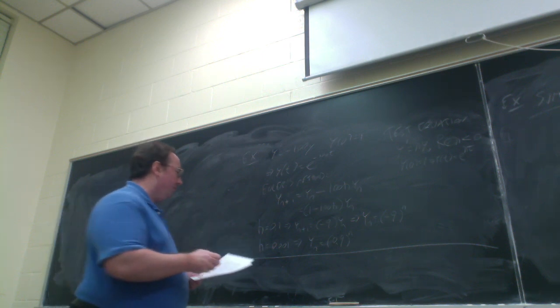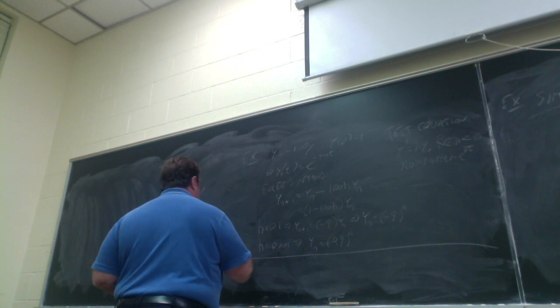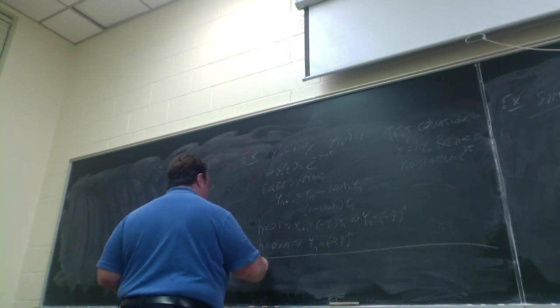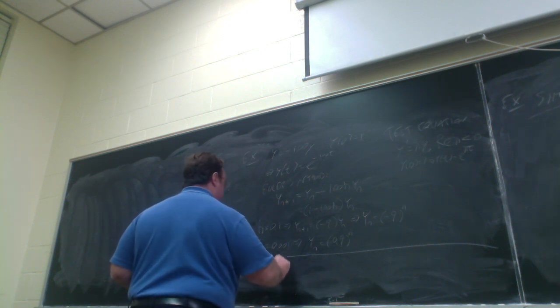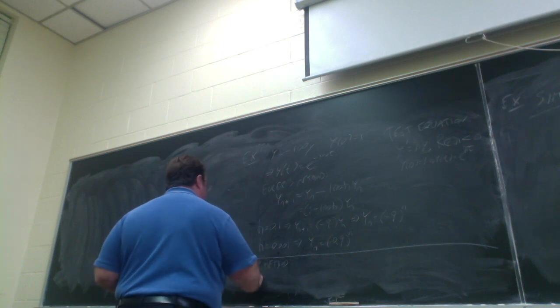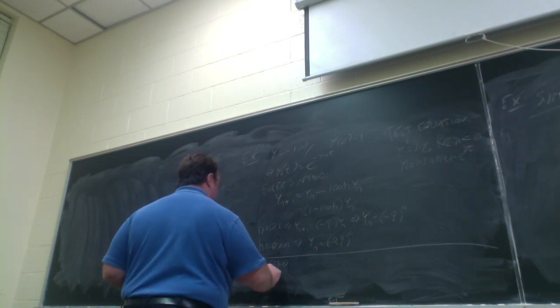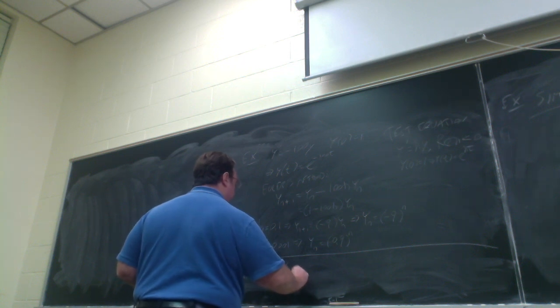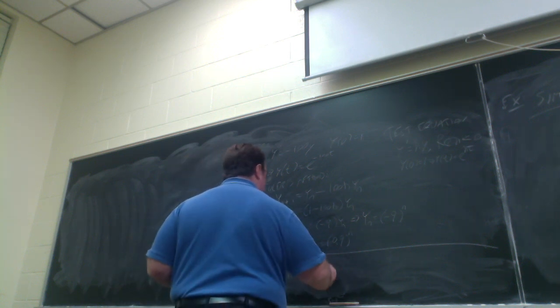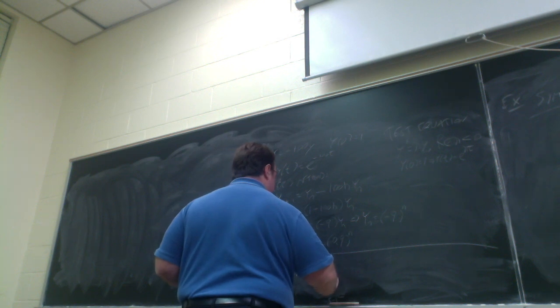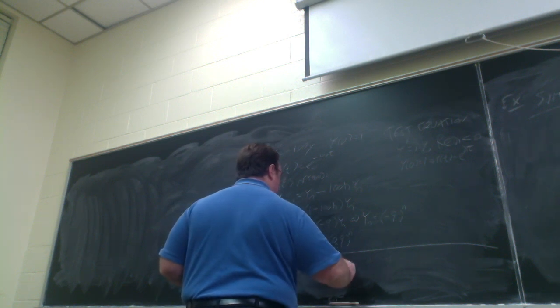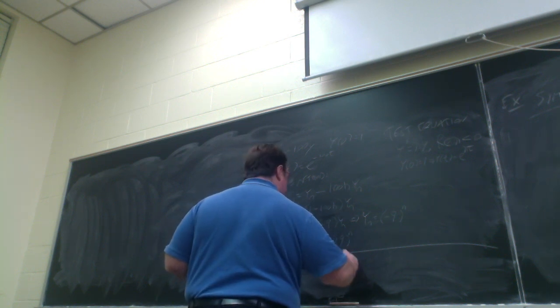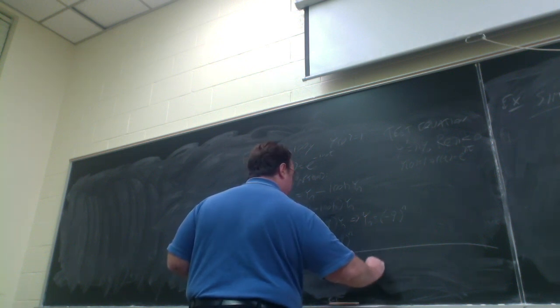So what happens is, for a general one-step method applied to the test equation, you get y_{n+1} equal to some function q of h lambda times y_n.